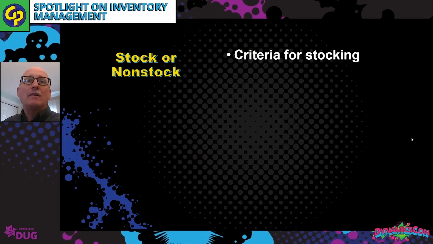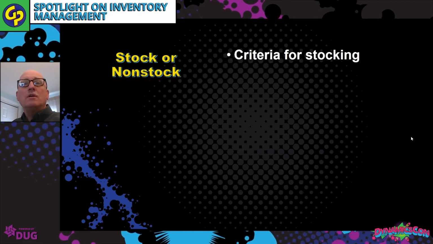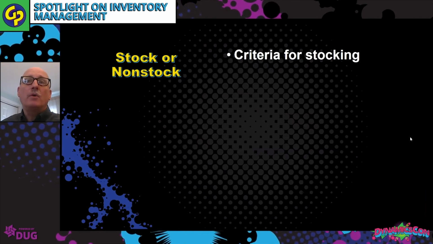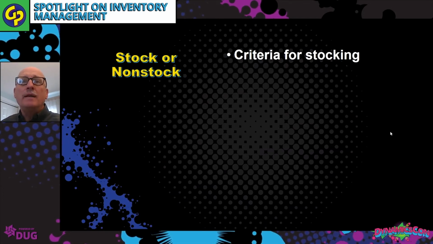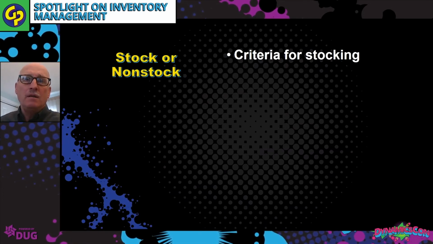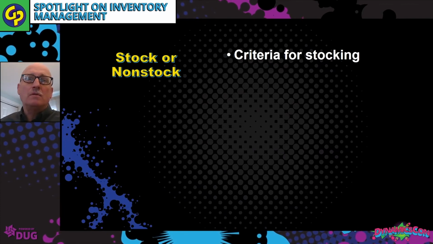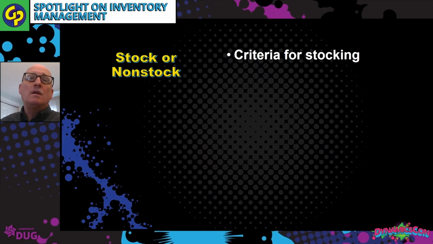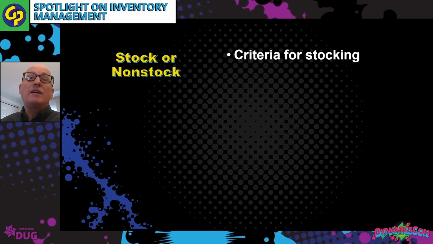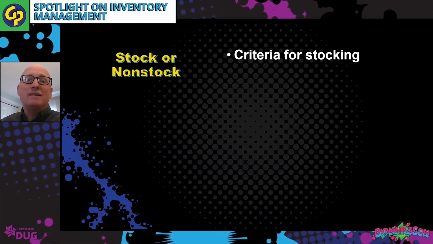So looking at stock or non-stock, you want to make sure that you have inventory that you can sell. There's no sense in investing inventory in something that's not going to be something you're going to sell anytime soon. And you also want to make sure that you don't spend time trying to forecast something that you're not going to sell.